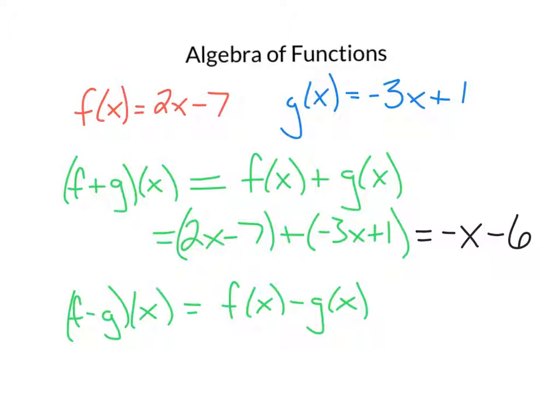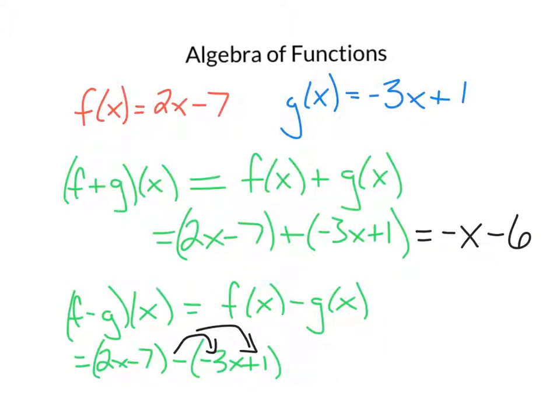And the same thing for subtraction. Just be careful on subtraction because of the subtraction sign. But again, we're just substituting in the f function, which is 2x minus 7, and we're subtracting the g function. But again, anytime you have a subtraction sign, please make sure that you're distributing or at least paying attention to it.